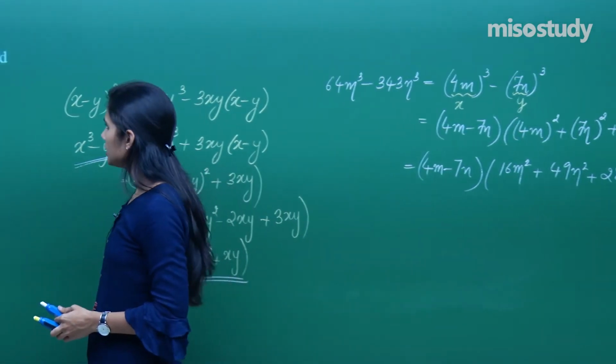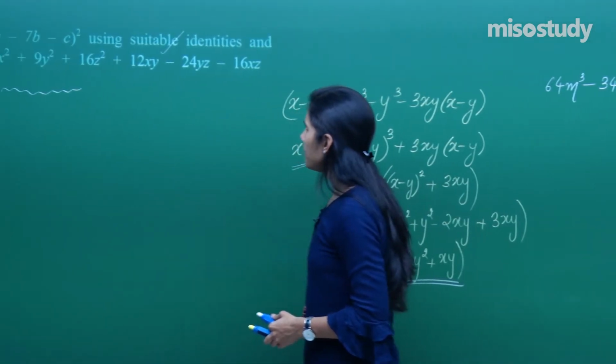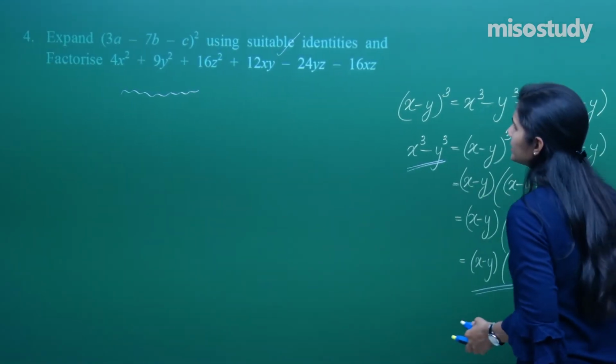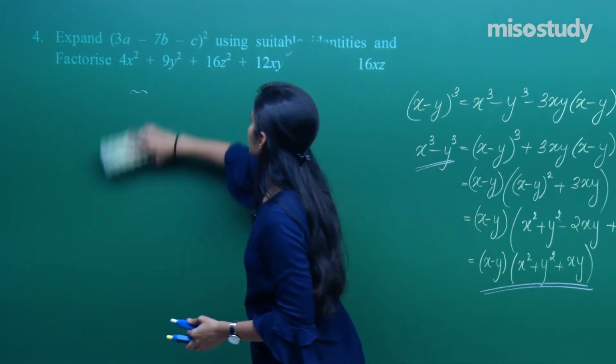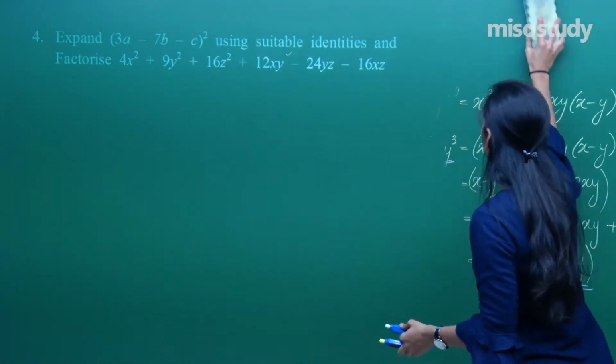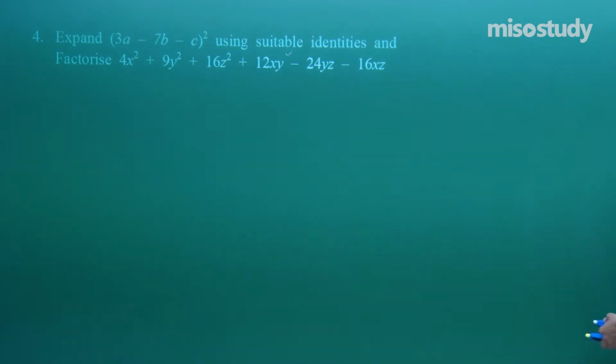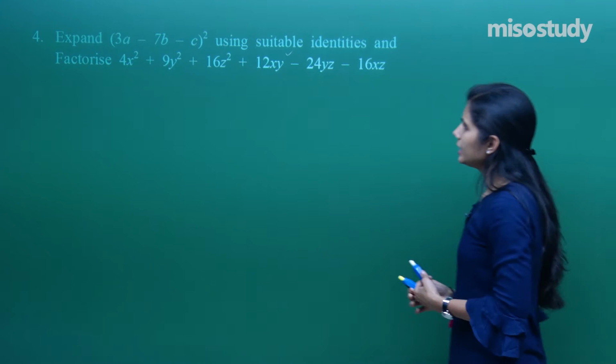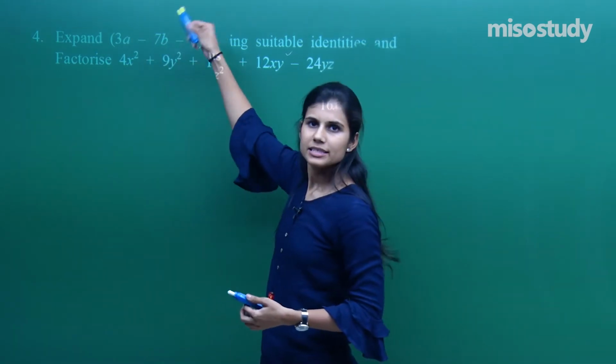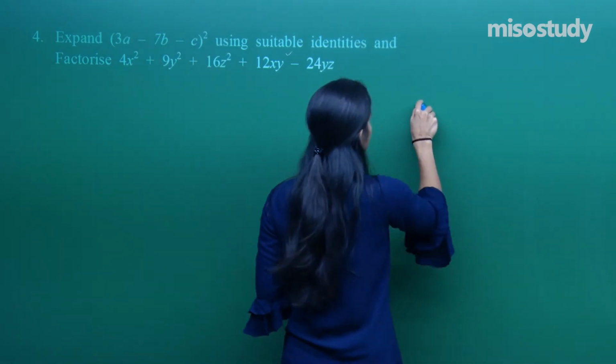Cool? Next it says expand this using a suitable identity and then factorize this expression. So one, we have to expand, second, we have to factorize. If you look at the expression carefully, what are you able to identify? It's of the form (a plus b plus c) whole square. Let's recall this identity.